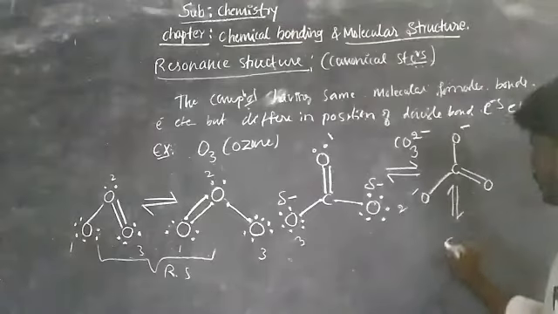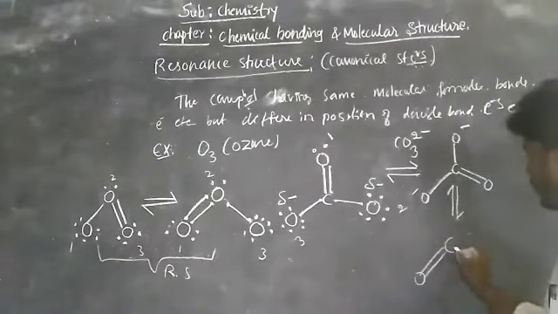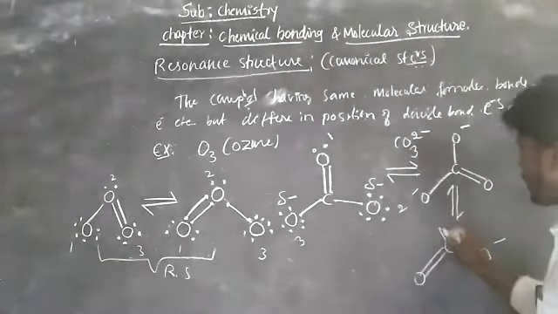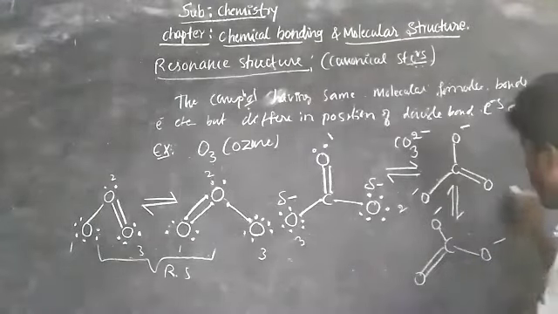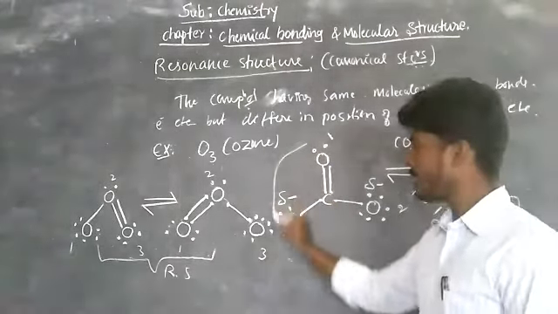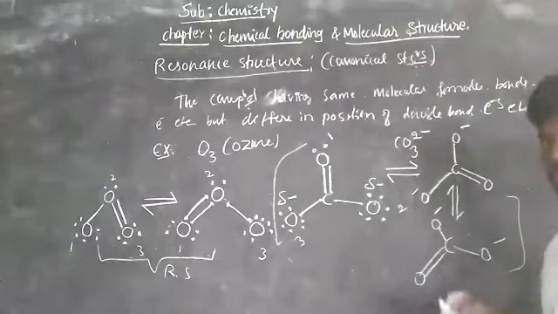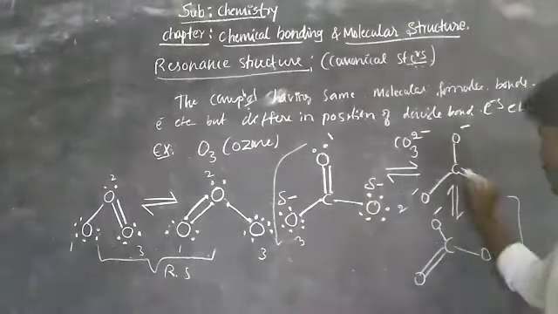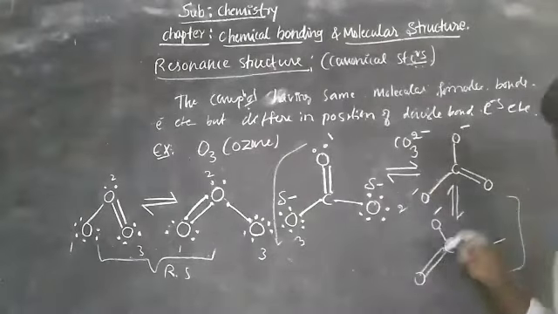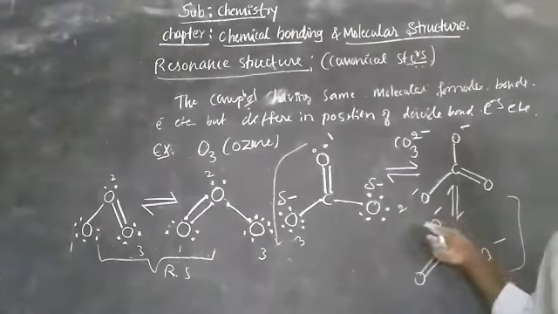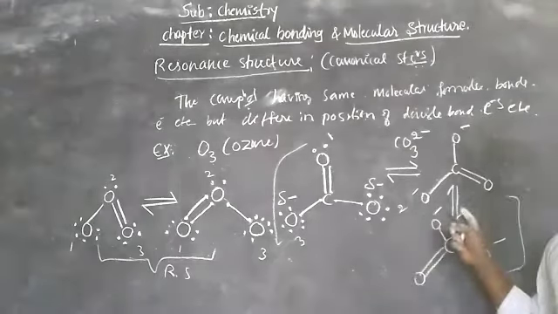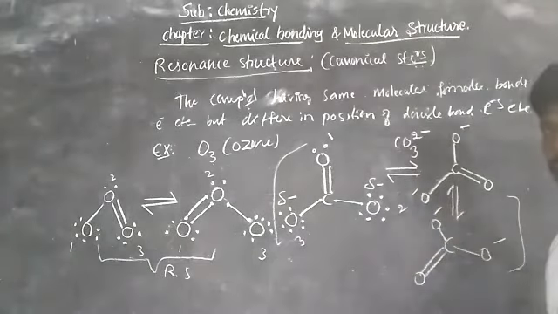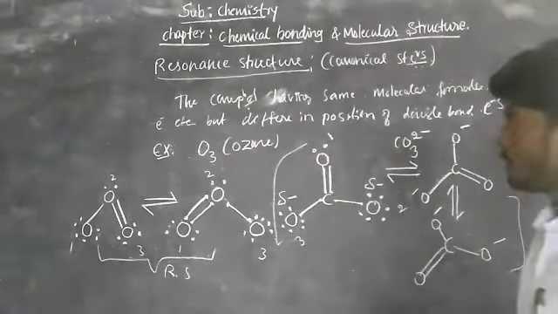Now, the third oxygen carries the double bond, and the first one is minus, second one is minus. All these three are written in a square bracket and we call them resonance structures. The lone pair electrons, these two are rich, and this is the substrate. Okay, this is the resonance structure of carbonate. So here the resonance concept is completed.